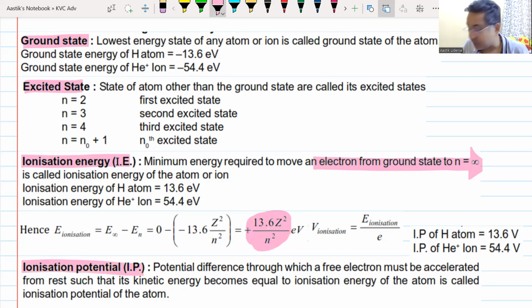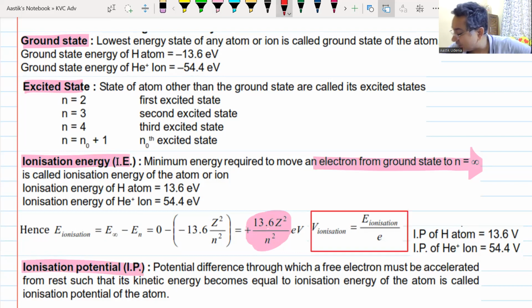Ionization potential is the potential you require to raise it. So it is ionization energy divided by the charge of an electron, because energy is E into V. Do we understand this? Yes, sir. So the ionization potential of hydrogen atom, because its ionization energy is 13.6 electron volts, becomes 13.6 volt. For helium plus, it becomes 54.4. I hope everyone understands this. Yes or no? Yes, sir.